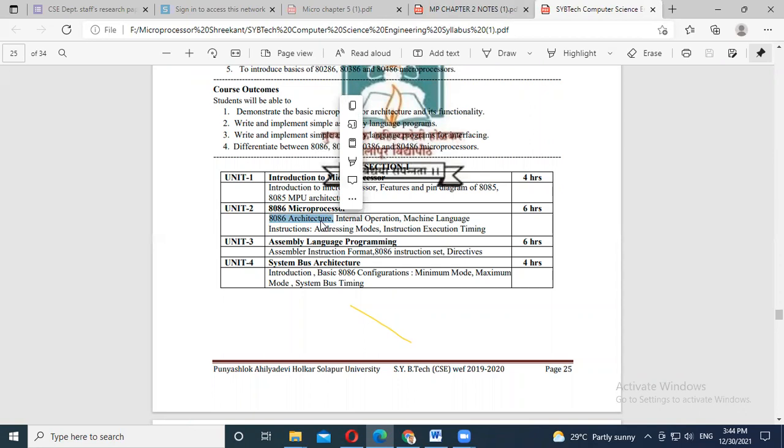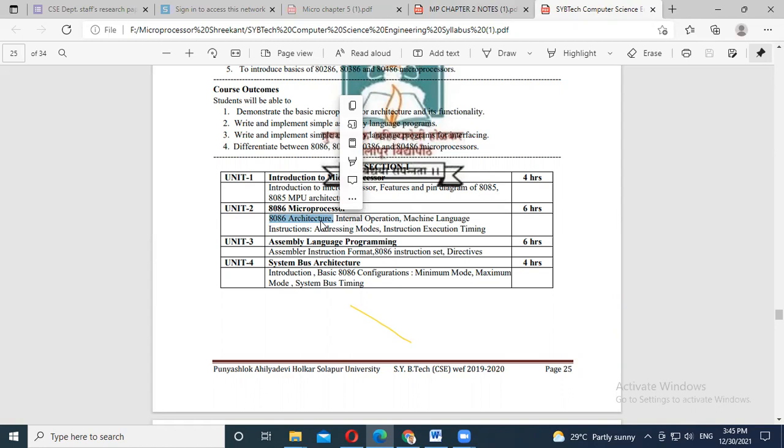So in the architecture of 8086, what are the things we have to study? In the architecture, there are mainly two parts, the upper part and the lower part. The upper part we call the bus interface unit, and the lower part we call the execution unit. In the upper part we have to study the segmentation: extra segment, stack segment, code segment, and the instruction pointer.